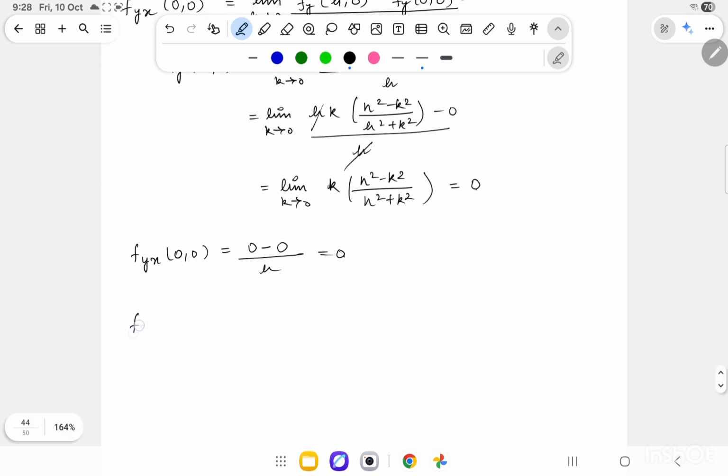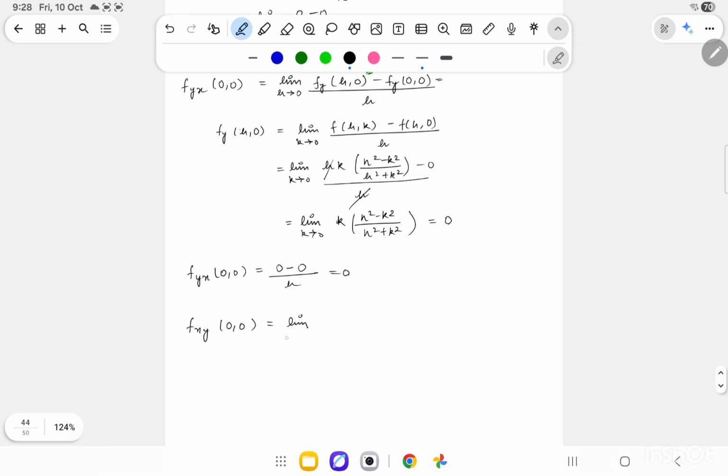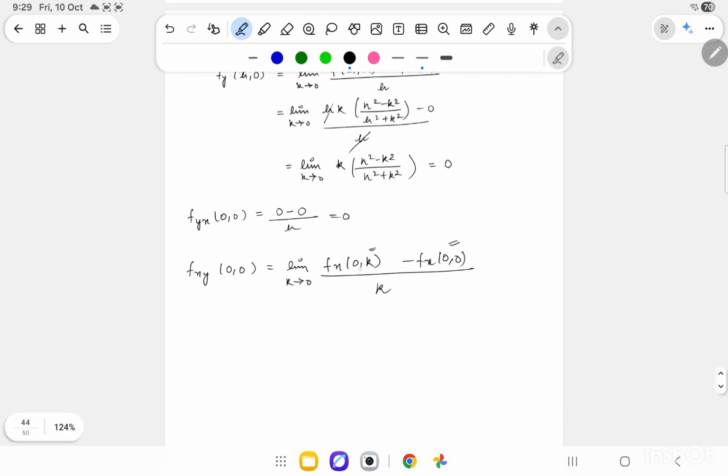Now let's find out f_xy at (0,0). It will be equal to the limit as k approaches 0 of [f_x(0,k) minus f_x(0,0)] divided by k. We know this value, but we need to find f_x(0,k), so let's find it out.